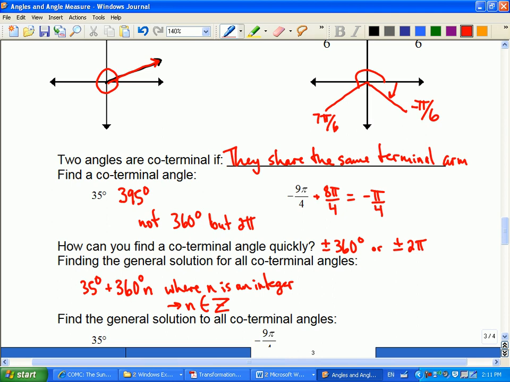How could you write the general solution for the one we found up here? If I said, here's the angle you start with, can you write a general solution down? Okay, what would it look like?